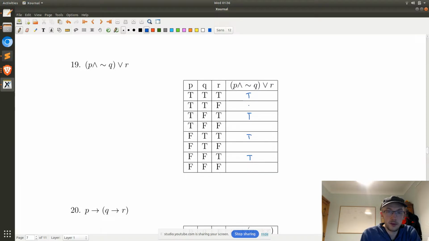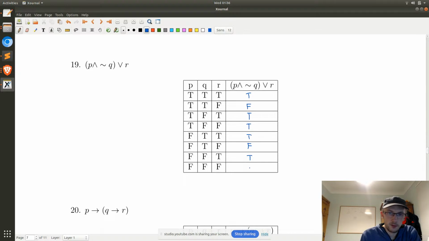Well, that's false, and therefore the whole thing is false. True and true. Well, that's true, and therefore the whole thing is true. False and false. Well, that's false, and therefore the whole thing is false.